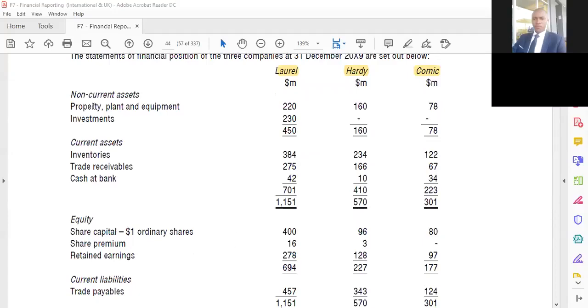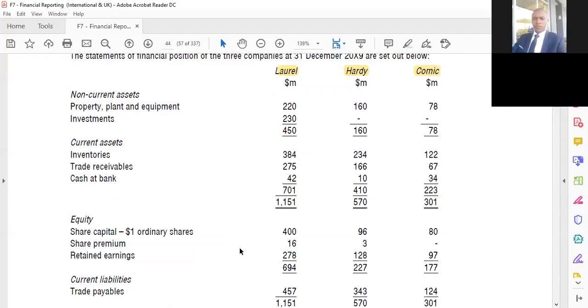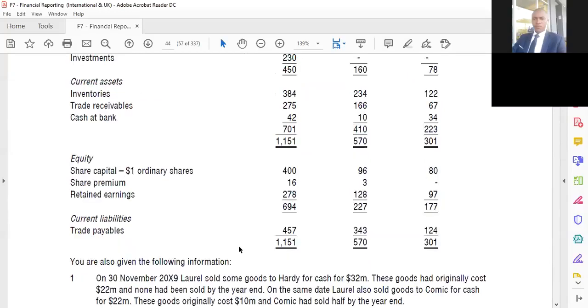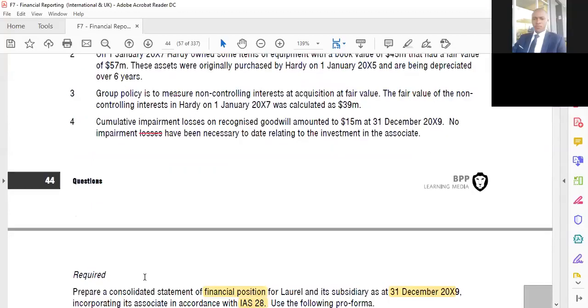So look at it this way. Let's say this is our format right there. And first things first, you need to know the requirement before you begin to post, because you can start posting unnecessary things. You see, we've been told to prepare the consolidated statement of financial position. Have you seen that?